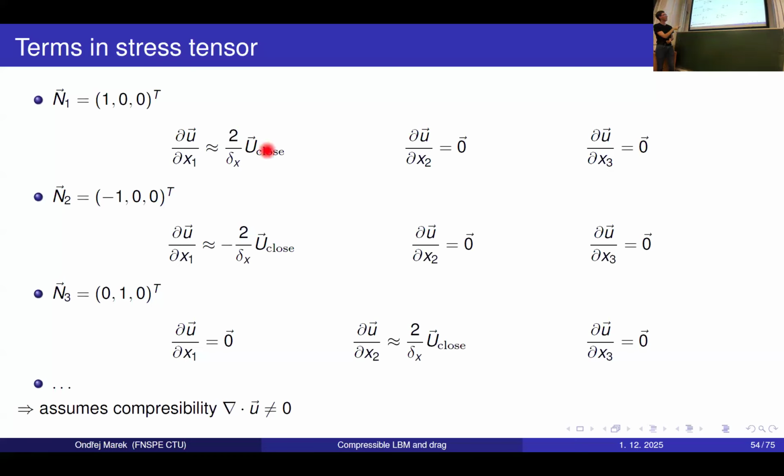We just get this derivative as 2 over the step in the lattice, now in physical units, and the physical macroscopic velocities. And if we add all this up, we can see that the divergence is not 0. It's a non-zero value, so here it presumes compressibility.